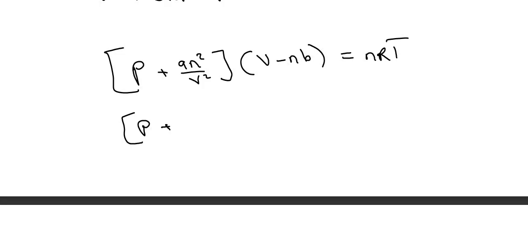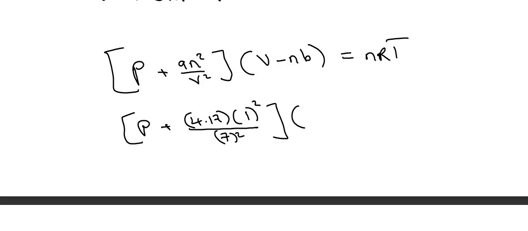The A is also given. A is 4.17. Then the number of moles is 1, so squared. The volume is given to be 7, so 7 again squared. Then the volume is 7, minus the number of moles, which is 1, times your B, which is 0.0371.